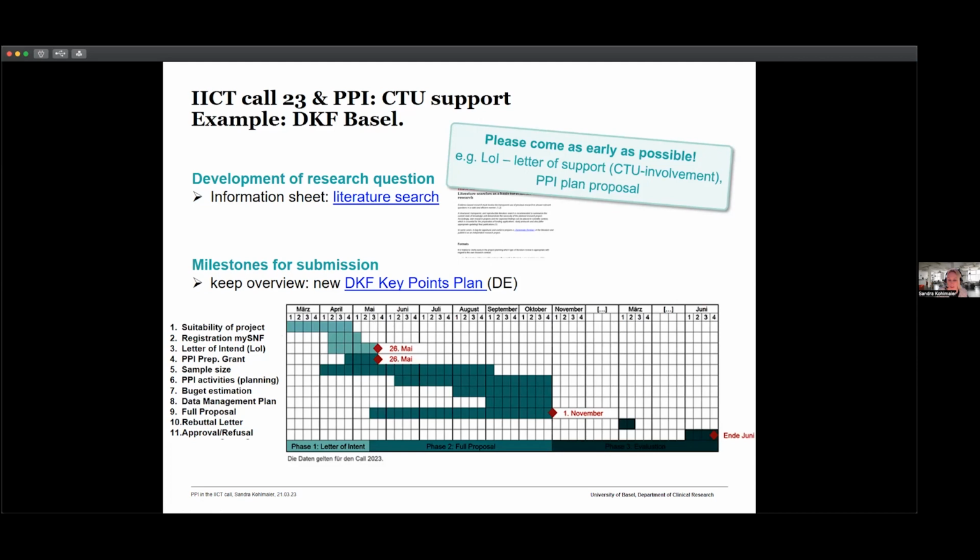For example, for the letter of intent, the SNF strongly recommends that you involve a CTU, and if you don't have a letter of commitment from one of the CTUs, it is highly recommended from the SNF. So it is great if you could integrate the CTU, your local CTU, into your plans and come as early as possible. But we help you whenever you come.